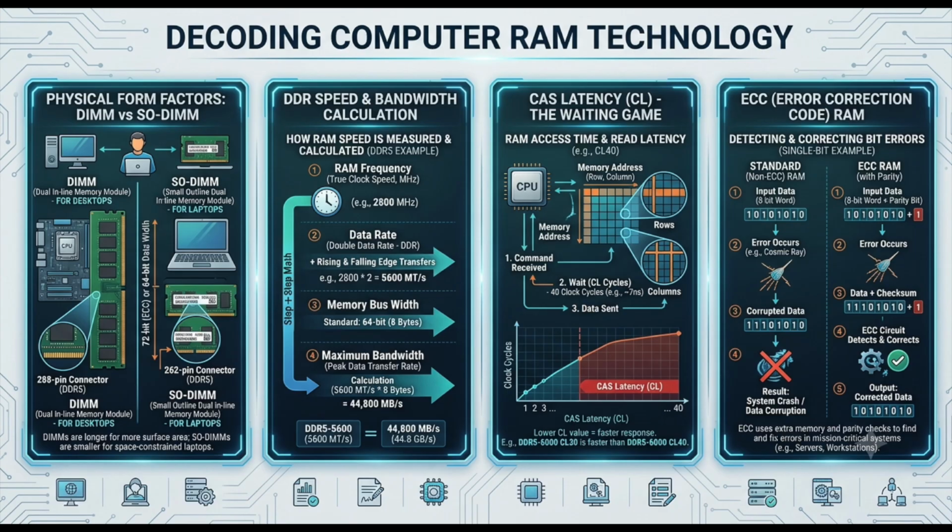And what's fascinating here is how engineers bypassed this physical limitation. Because you can't just turn up the metronome infinitely, right? Exactly. Instead of just violently turning up the speed of the clock, which generates massive amounts of heat and electrical instability, they introduced DDR, double data rate. Ah, DDR. You see that acronym everywhere. Right.